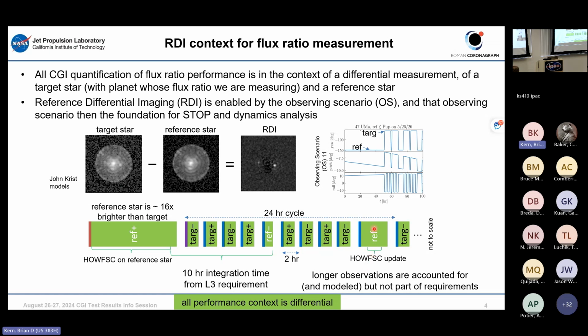In the official OS 11 context, every 24 hours we do one iteration of HOFs just to keep up with drifts, to keep the contrast from getting progressively worse as the long observation continues. That doesn't play into the 10-hour requirements context, but it is present for this extension to longer and longer observations.